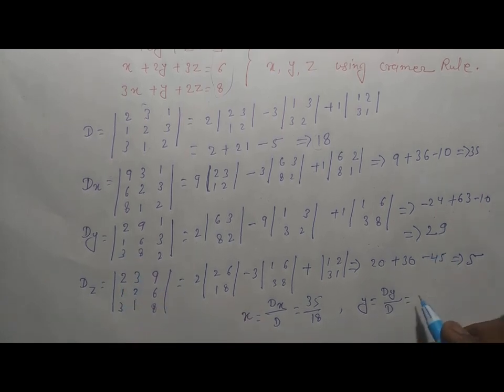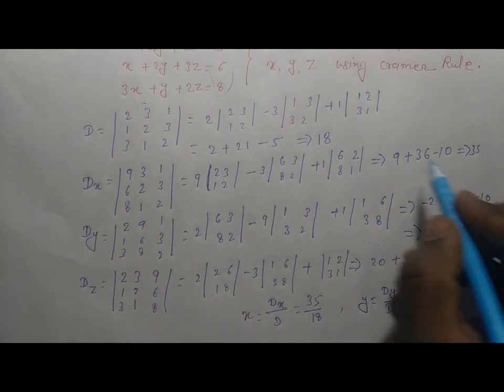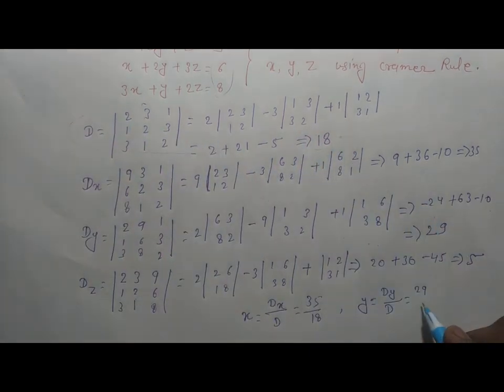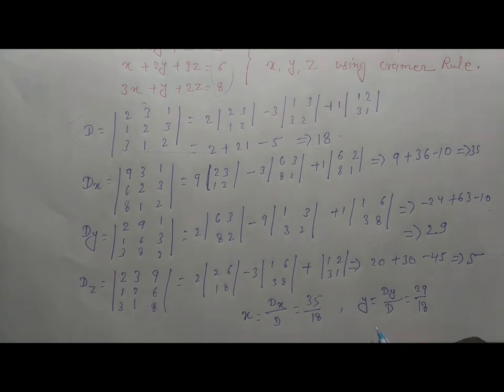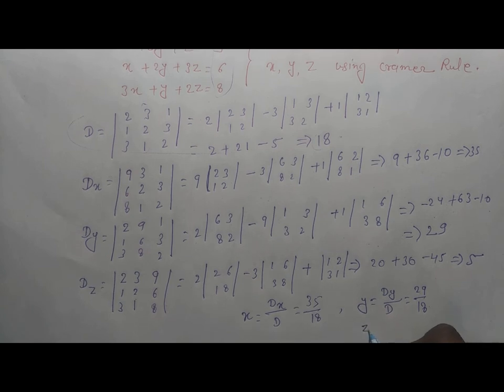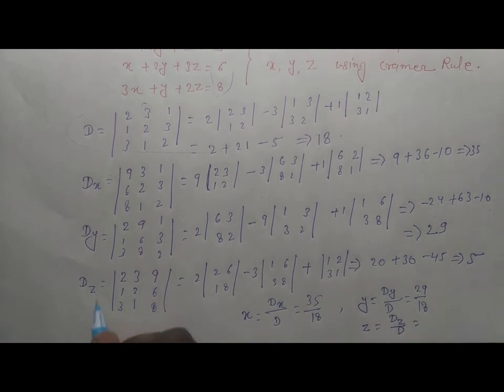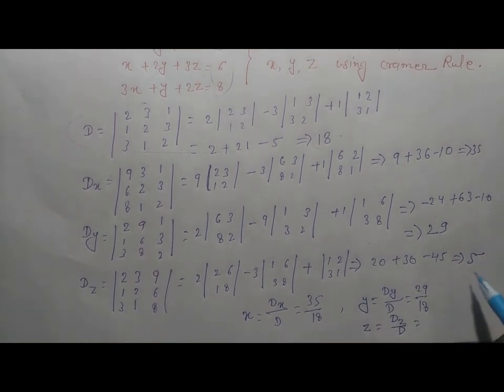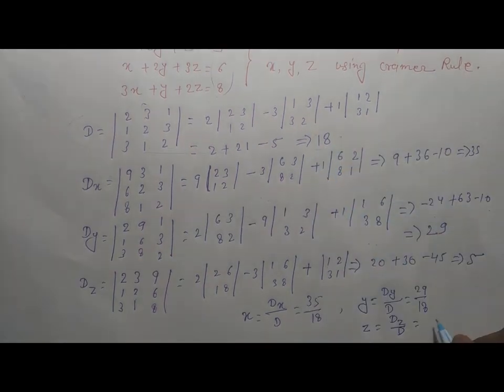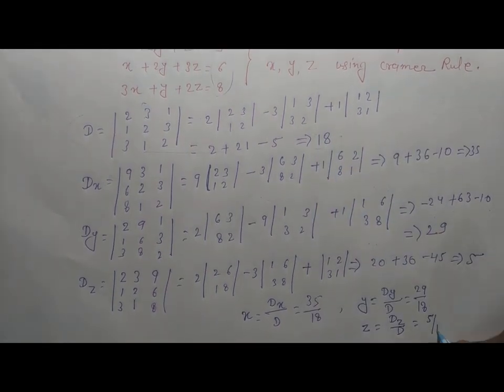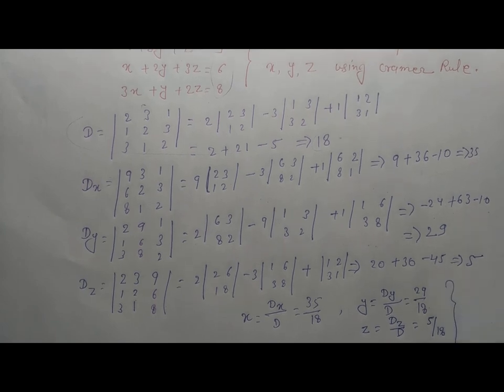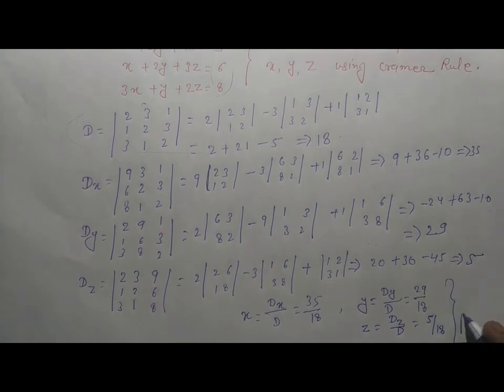Here the dy value is 29 and the d value is 18, so y is 29 by 18. And z equal to dz by d. The value of dz is 5 and d is 18. The value of z is 5 by 18. This is my final answer.